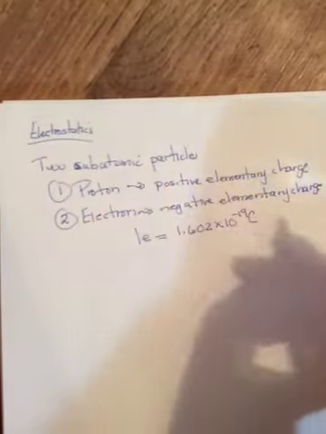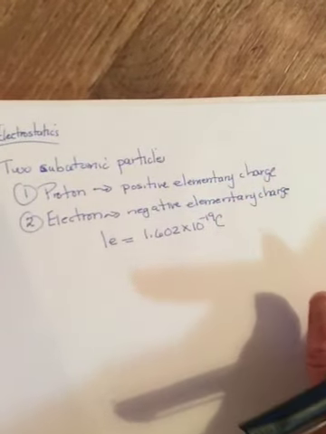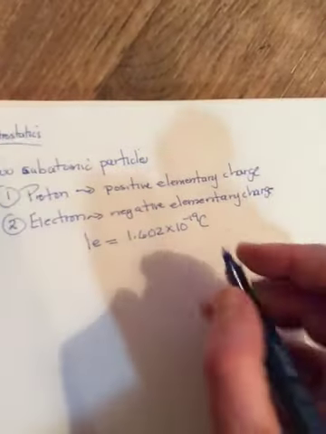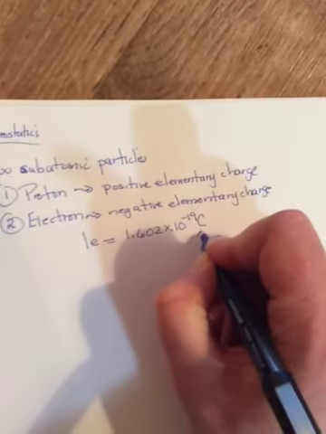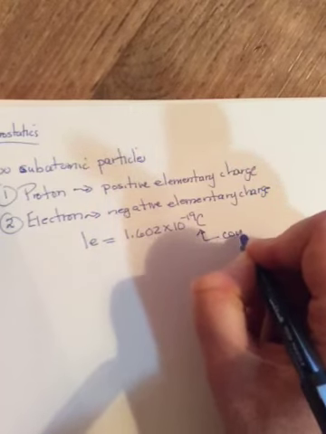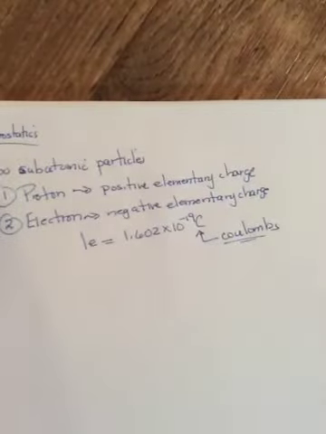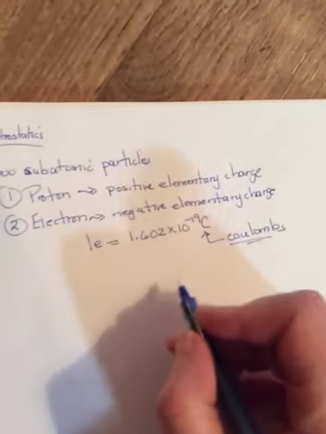And then whether it's positive or negative depends on if you're talking about the proton or the electron. This C is coulombs. Charge is measured in coulombs, named after a physicist whose last name was Coulomb.